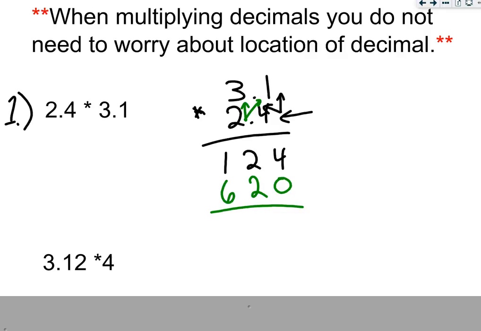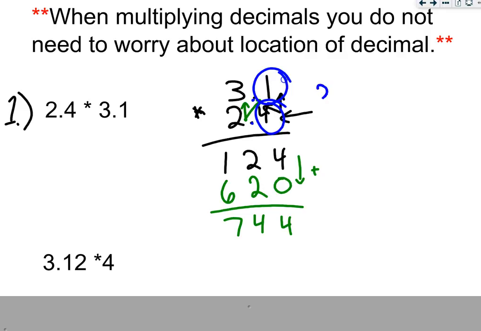Once you're done multiplying, you add down the digits. 4 plus 0 is 4. 2 plus 2 is 4, and 6 plus 1 is 7. And then from there you go back to the original question, 3.1 times 2.4. How many digits are behind the decimal? In this scenario, you've got 1 digit behind the decimal and another digit behind it.